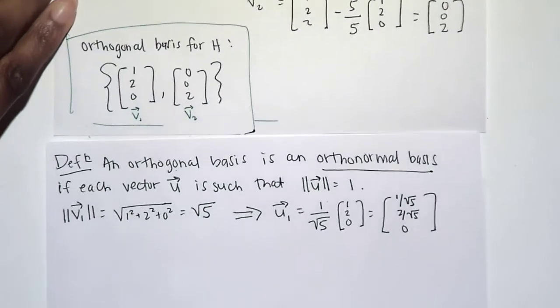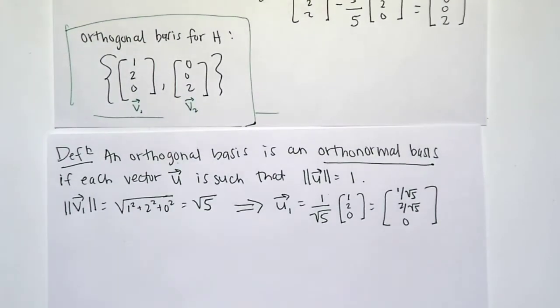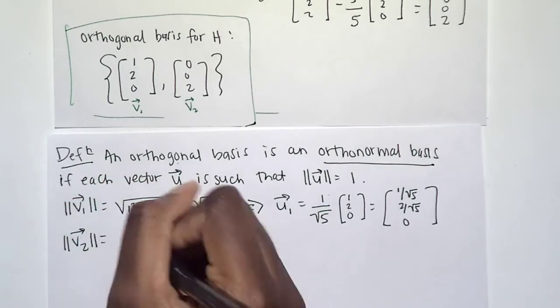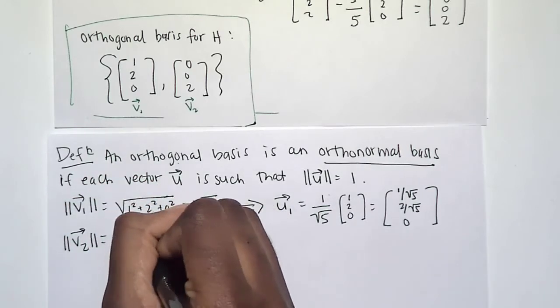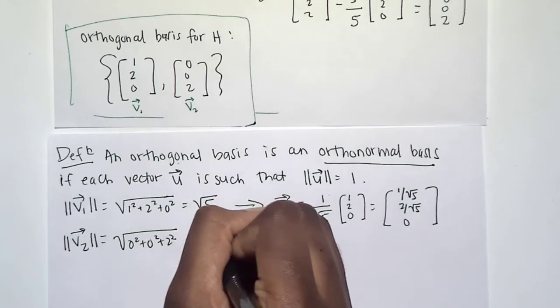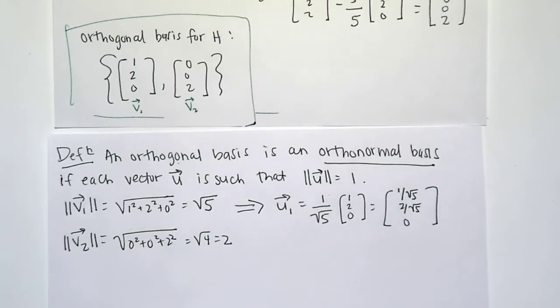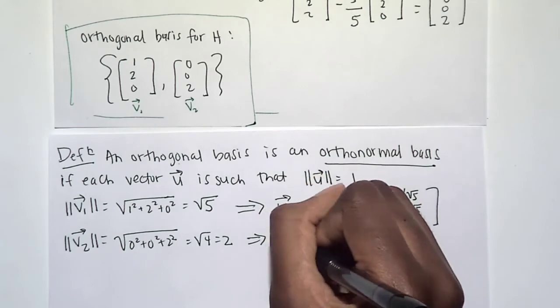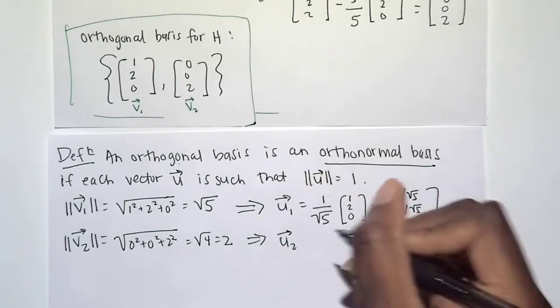And we're going to do the same with the second vector in our orthogonal basis, V2. All right, so the length of V2 is 2, and I want to normalize it. So I'm going to call it the normal version U2.